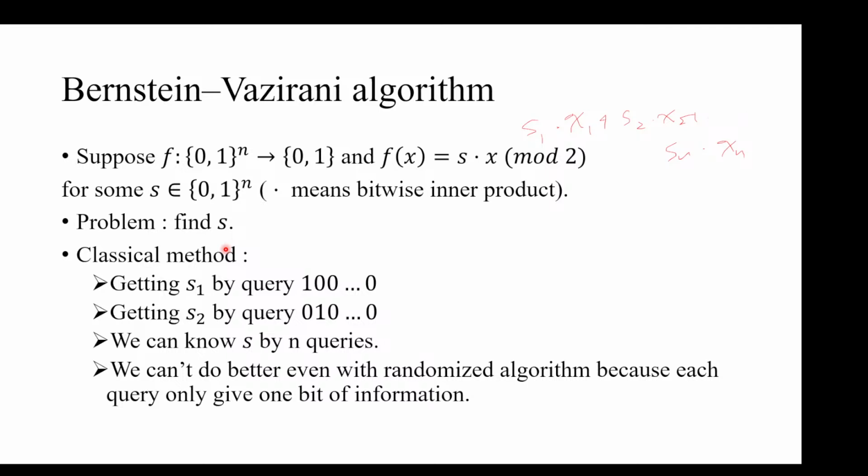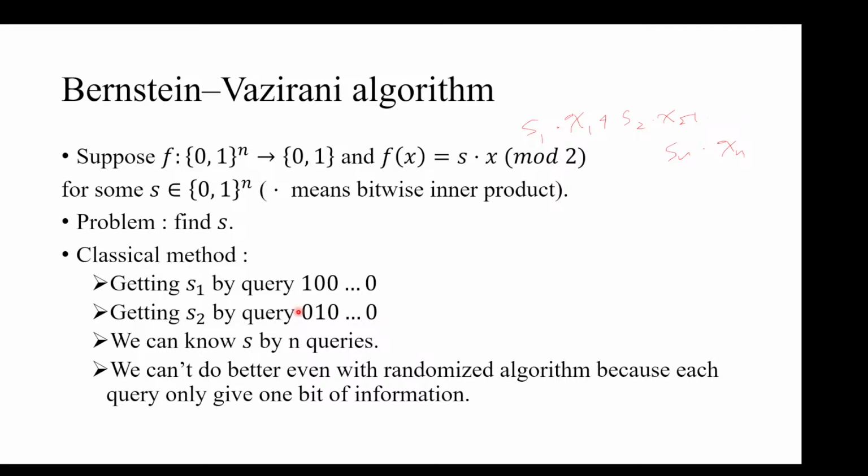As usual, let's talk about the classical complexity first. There's a very simple classical algorithm to find this: you can just query different inputs to get the whole string. You query the strings like an indicator function.